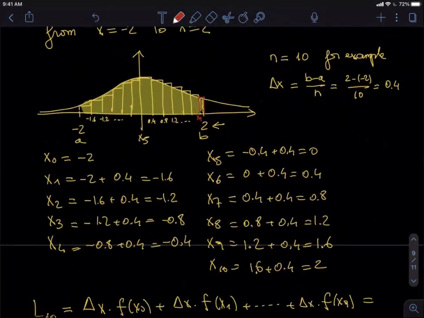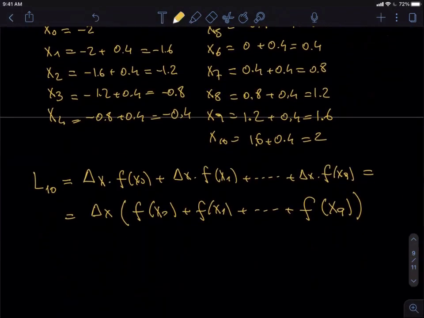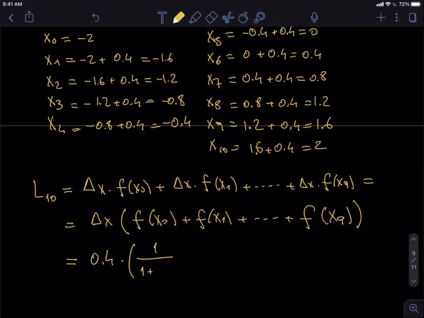Almost there. Now this is a lot of fun. So 0.4 times 1 divided by 1 plus, and here we need to plug in x0, plus 1 divided by 1 plus negative 1.6 squared, and so on. 1 divided by 1 plus 1.6 squared, that was x9, and that's it.